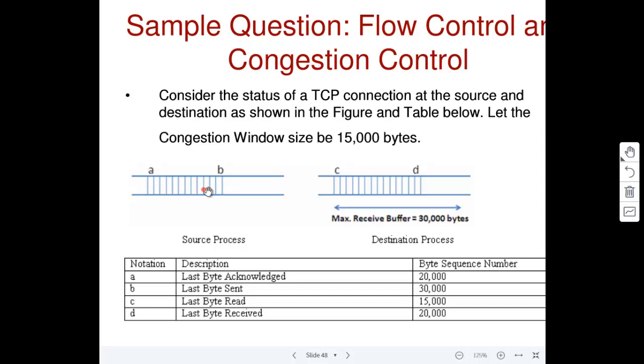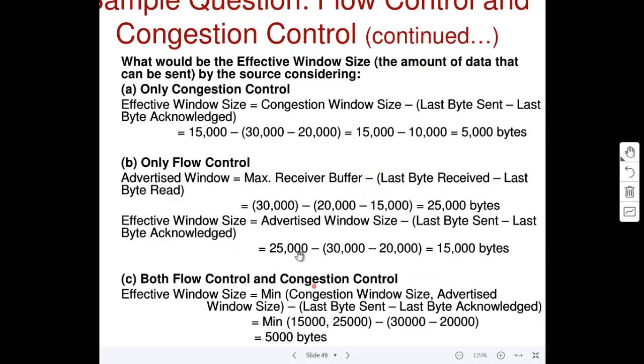So the remaining 10,000 bytes of data are still in transit. They're called outstanding bytes. So the advertised window of 25,000 minus the 10,000 is 15,000 bytes. So this is the effective window size, meaning the amount of data the sender could send furthermore beyond what it has sent so far and not yet acknowledged.